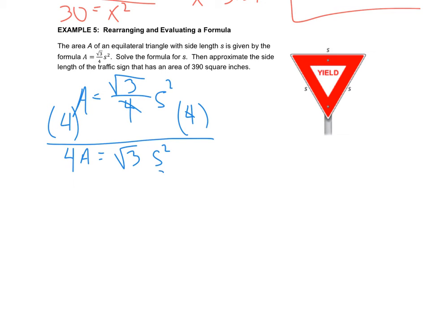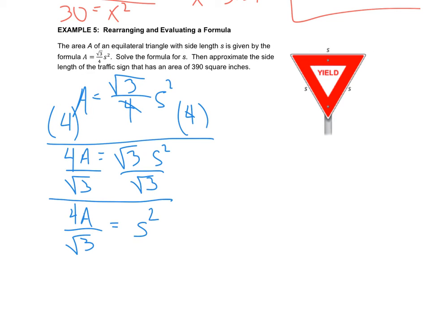Then we would take care of this division to undo the square root of 3 times s squared. Now I'm just going to leave all these symbols right inside this for now. I'm not going to turn that into the crazy decimal that it is. But now I'm down to s squared. Then to undo this, I'm going to take the square root of both sides.